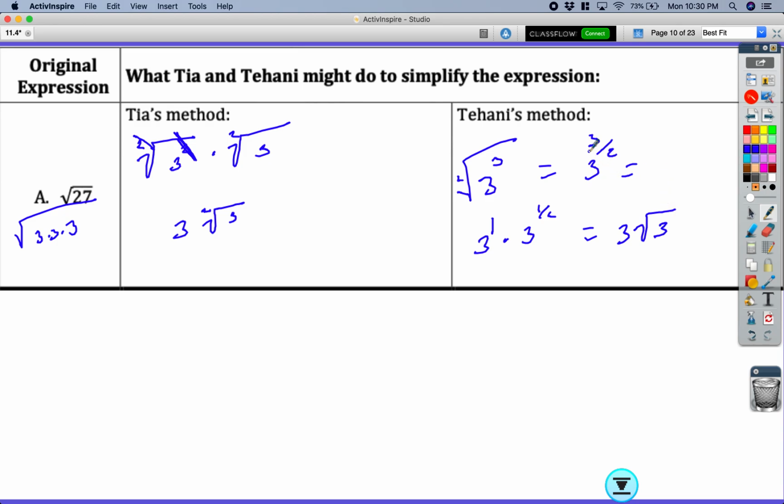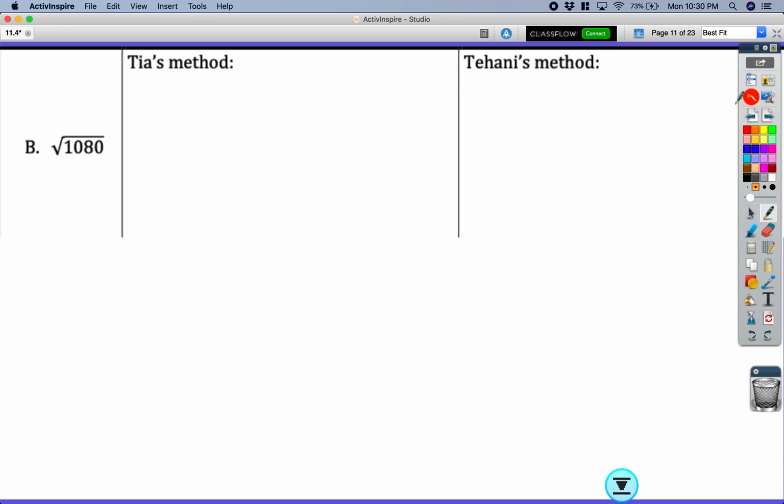Okay? Just so you guys know, I'm going to use several different methods when I solve these. What I personally saw is I know that the square root of 27 is the same thing as the square root of 3 to the second power times 3. And I know 3 to the 1/2 is root 3. So I kind of jump back and forth. It just depends on how you factor it, okay? Now, some of those are easier to factor than others.